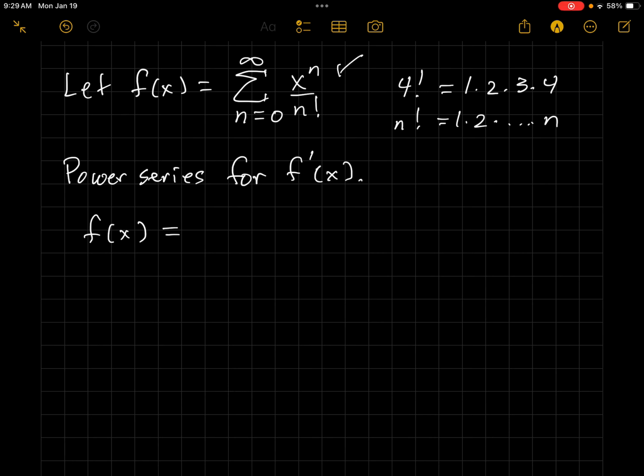So f of x equals x to the 0 over 0 factorial. 0 factorial is defined to be 1.